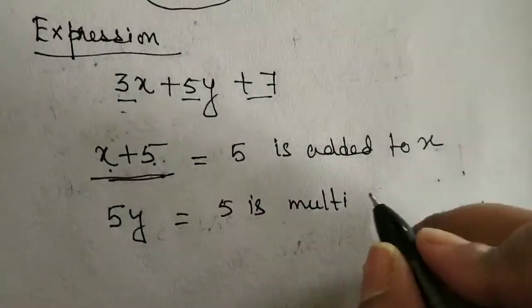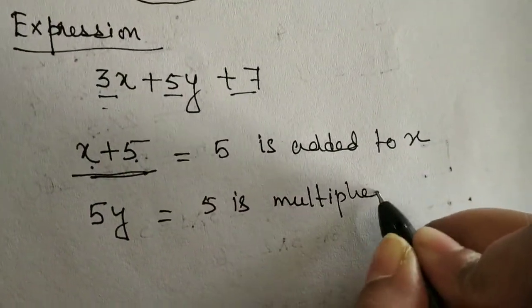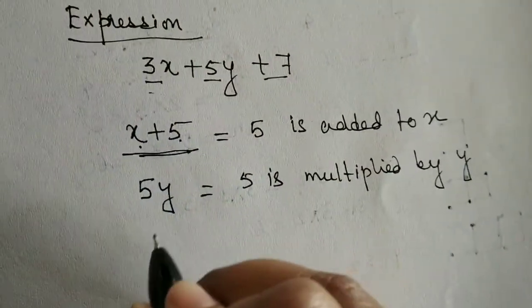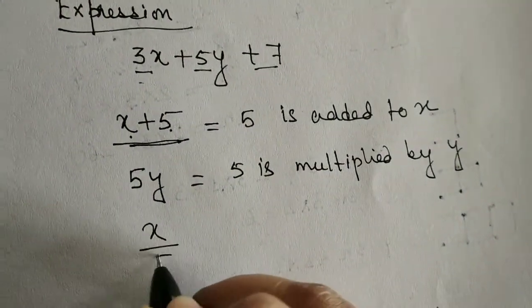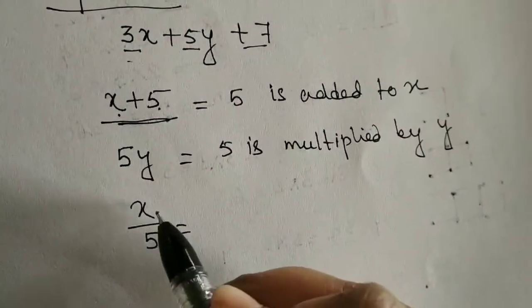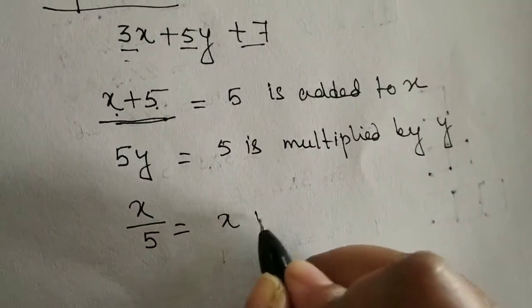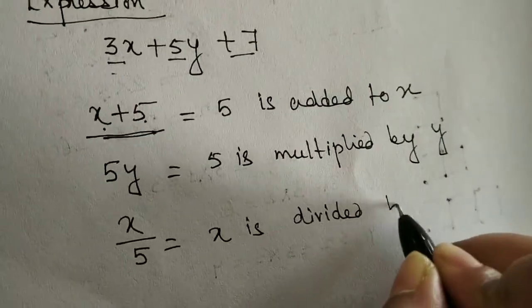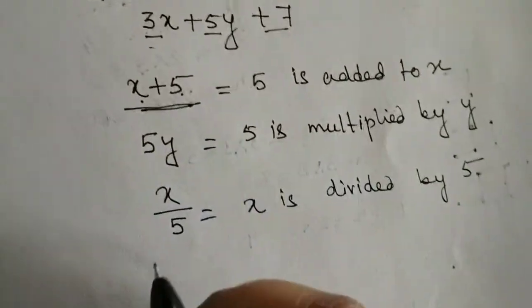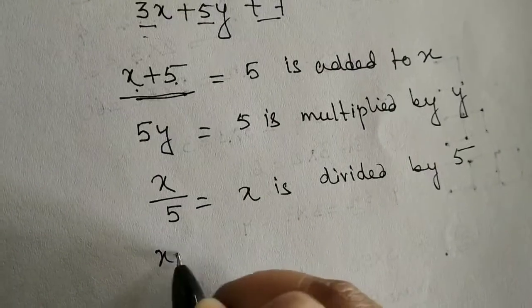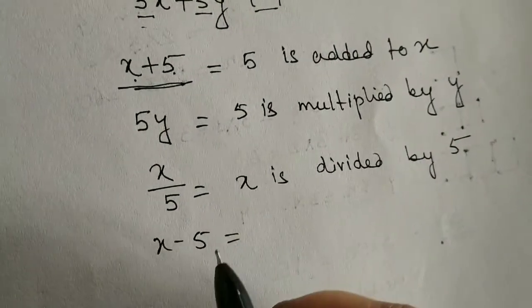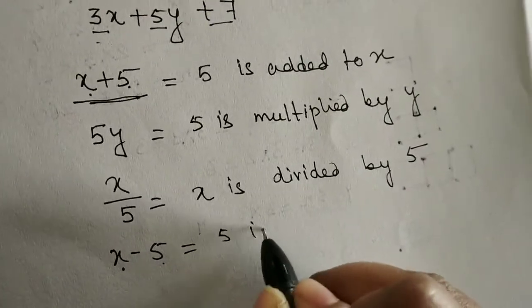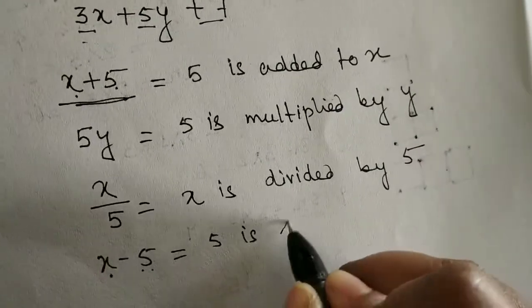Suppose x over 5 is there. So what should I write? x is divided by 5. Suppose x minus 5 is there. So we'll write 5 is subtracted from x.